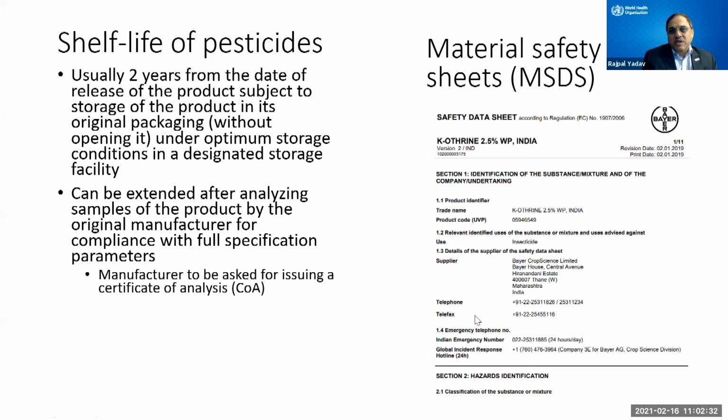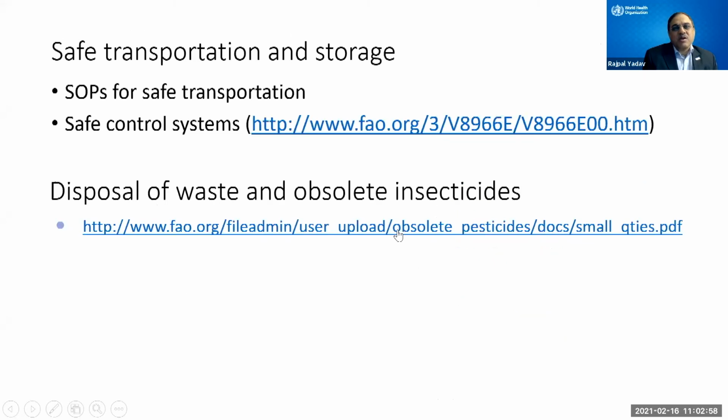So there is always a 24/7 hotline number and telefax in this material safety data sheet, because these data sheets are released by the manufacturers. They provide a 24/7 service in case there was an event of toxicity. Otherwise, the material safety data sheet, or MSDS, gives every detail about the product, including the hazard information about that particular product.